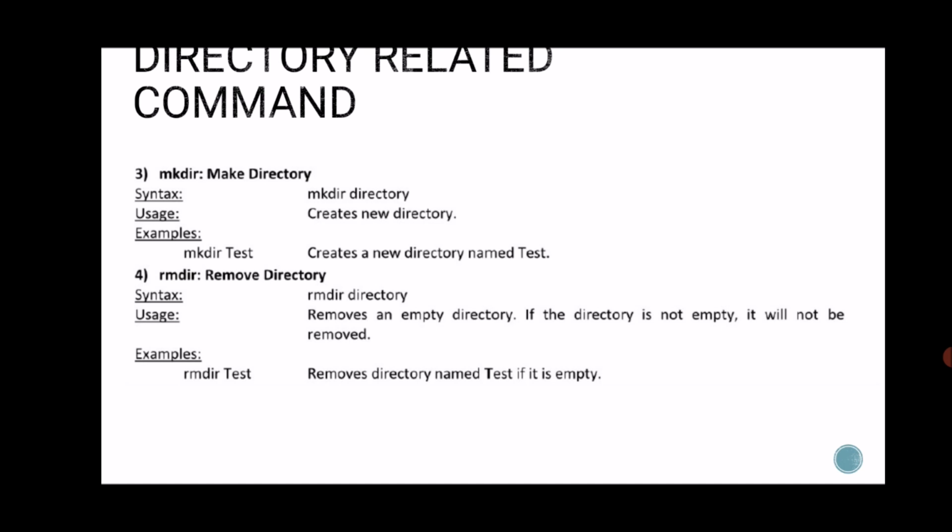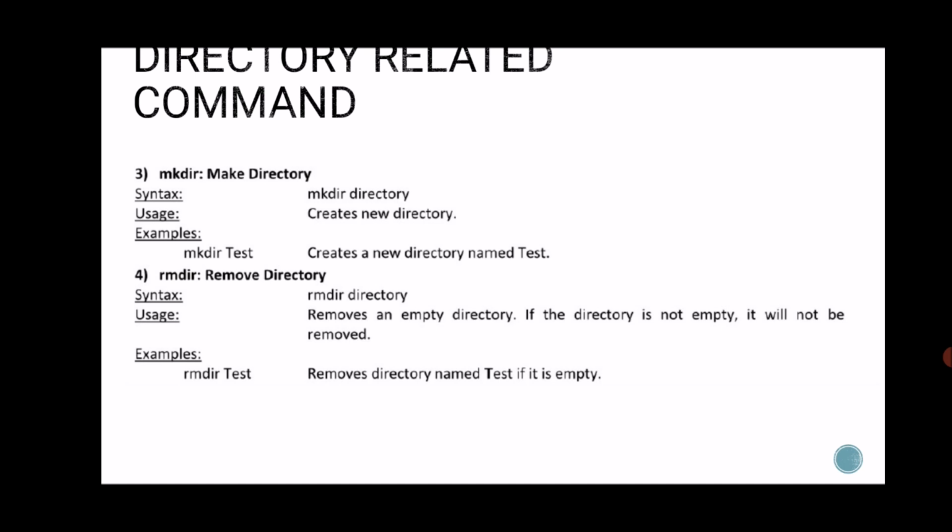The next command is mkdir. If we want to make a directory, we can use the command mkdir. The syntax is simple: write mkdir and the directory name, which creates a new directory. For example, if we write mkdir test, it creates a new directory named test. The next command is rmdir, remove directory.